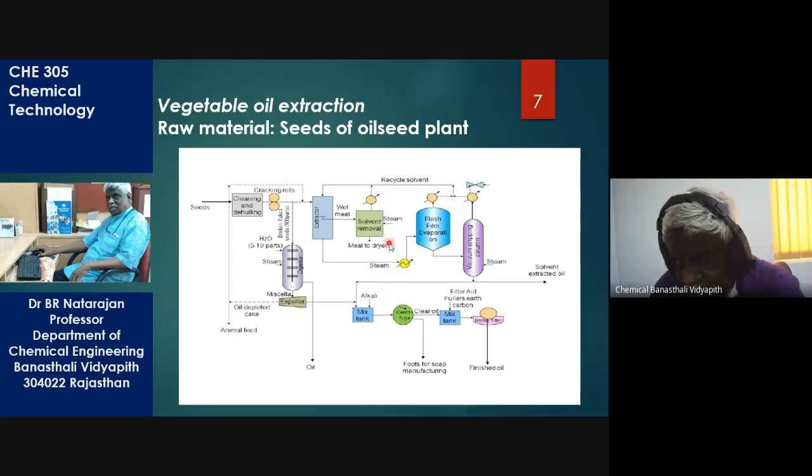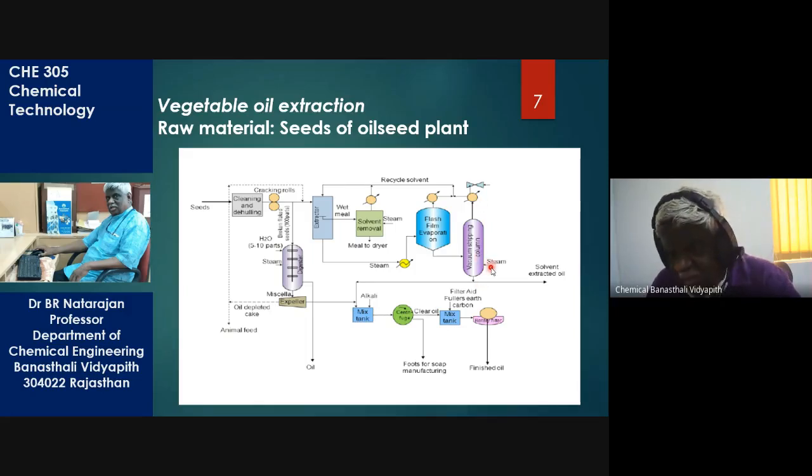And here again you see you get a solid product where the solvent is removed, and the meal, that is this cake, is taken to a dryer. And the oil now comes out, it goes for vacuum distillation.